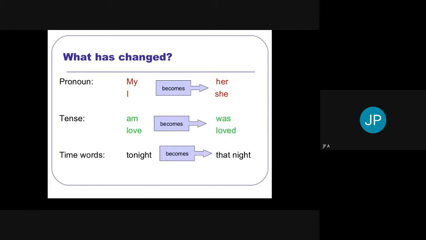So if someone says "I will do", suppose Jofi says "I will do". When I report Jofi's speech, I will say, Jofi said that she would do.